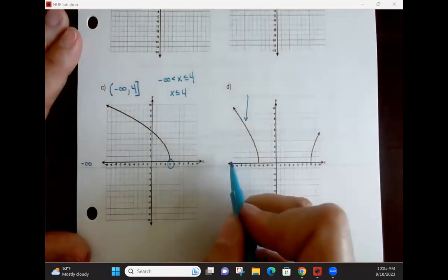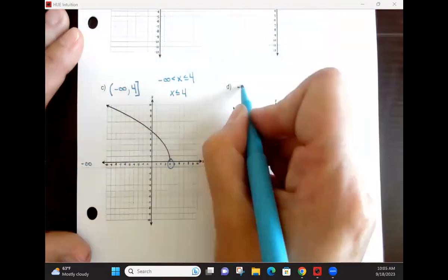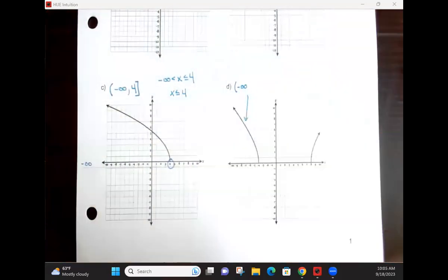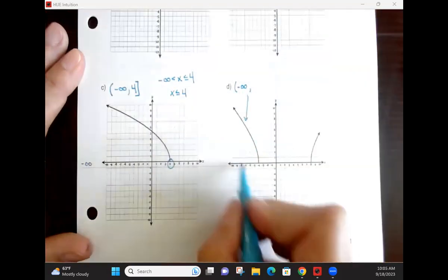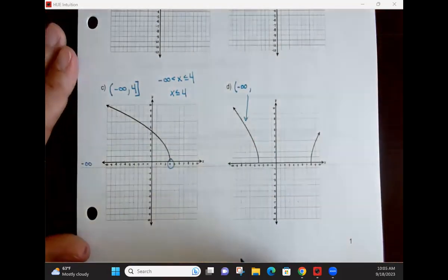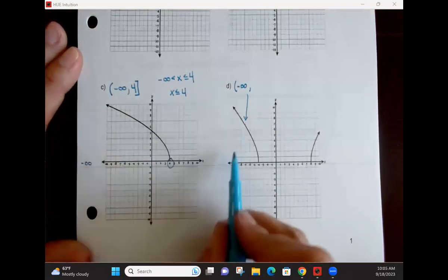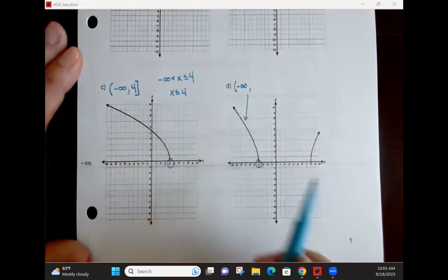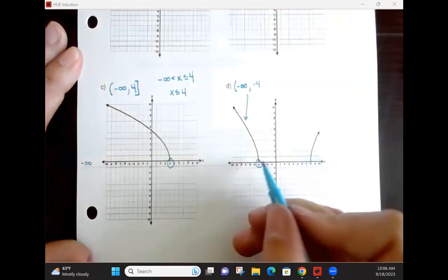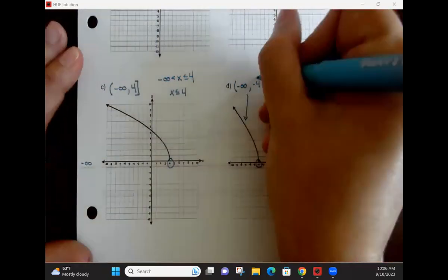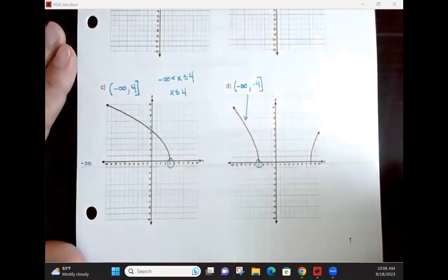my lower bound for my domain would be negative infinity and parentheses, because infinity is always a parenthesis. And then what's my upper bound for this section of my graph? This part of my domain. This piece goes forever back until we hit -4. And since we can actually attain that value, bracket there.